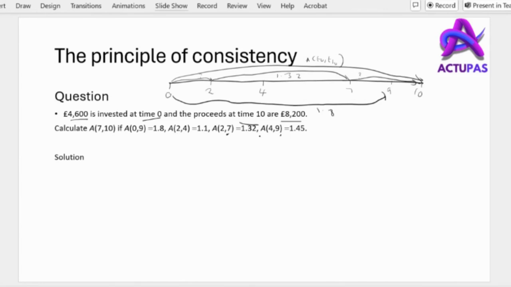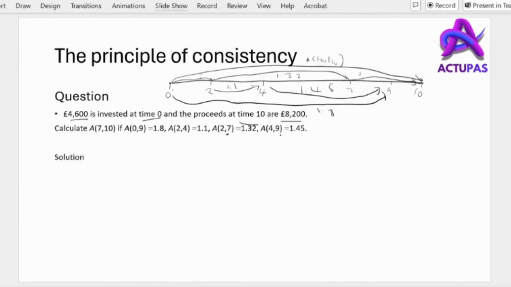From 9 going backwards, we have a 4 to 9, which is 1.45. Then from 4 going backwards, we have a 2 to 4, which is 1.1.